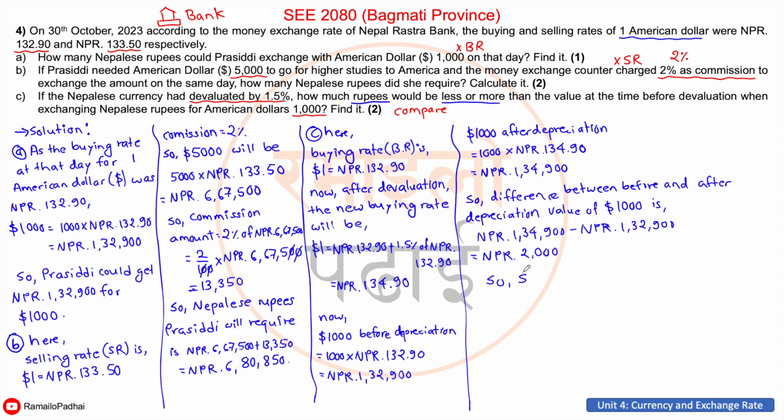So 1000 American dollar will give NPR 2000 more when exchanged after devaluation.